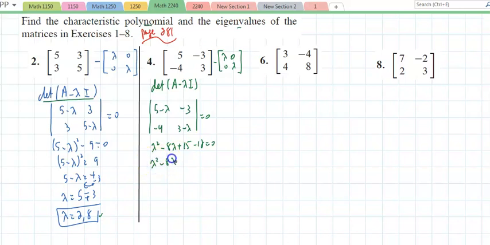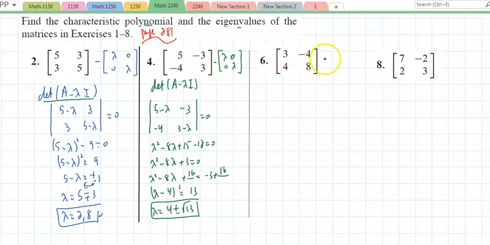Lambda squared minus 8 lambda plus 3 equal to 0. Take half of the middle number, which is 4, and square it. And I get (lambda minus 4) squared equaling 13. So lambda will equal 4 plus or minus radical 13. Those are the two distinct values of lambda.